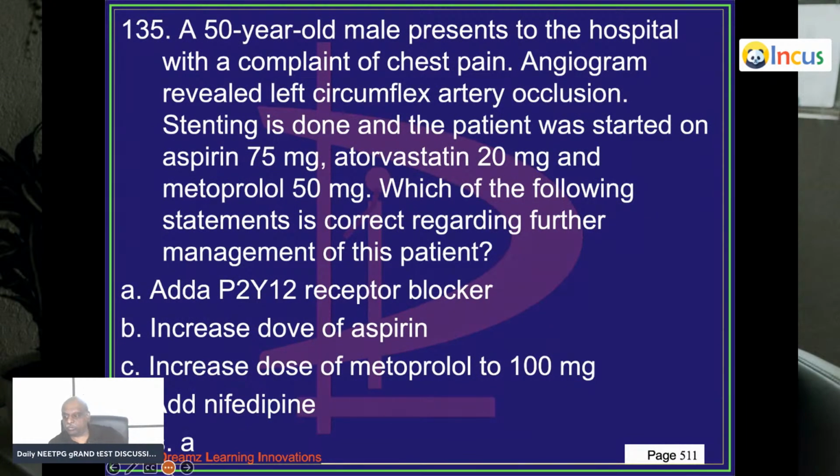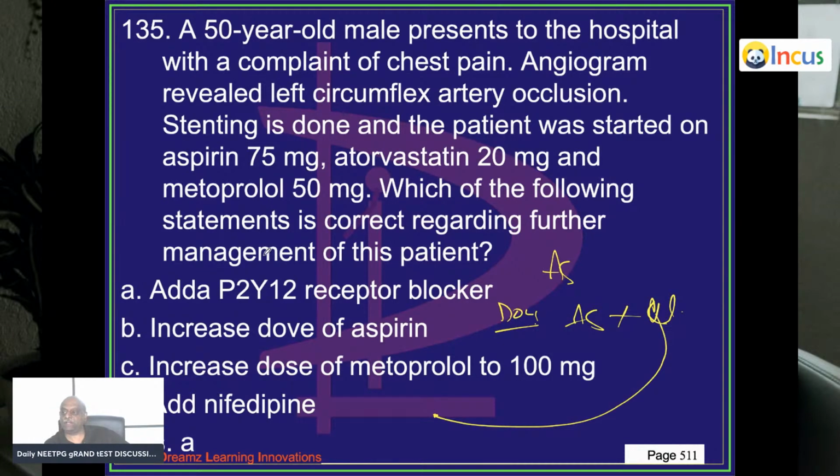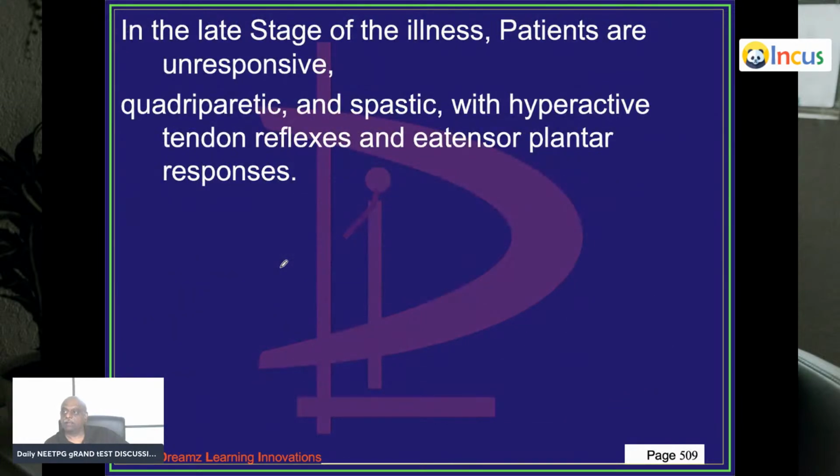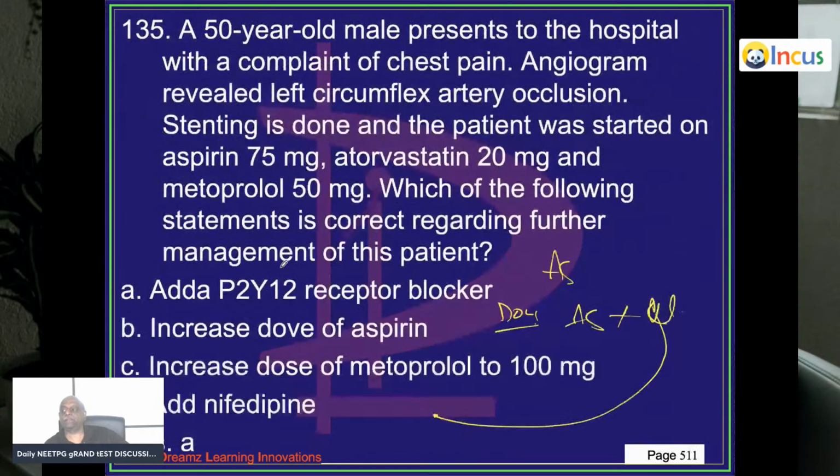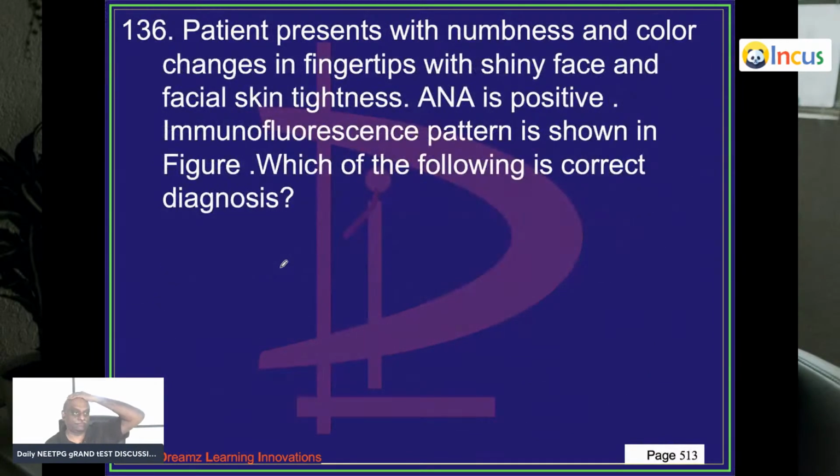So there are two types of antiplatelet medication. Only aspirin or double antiplatelet means what? Aspirin plus clopidogrel. Clopidogrel's mechanism of action is basically a P2Y12 receptor blocker.